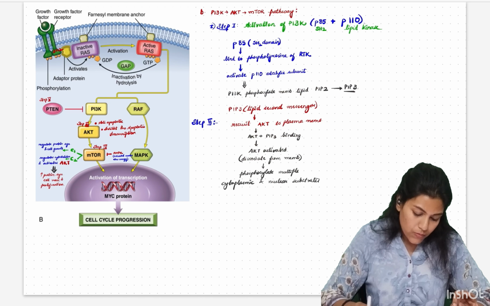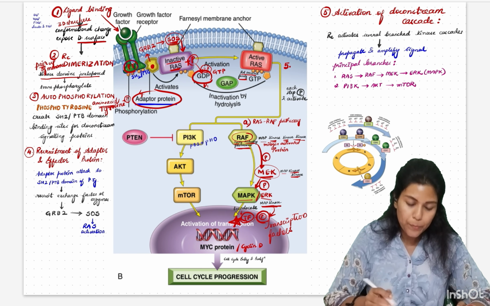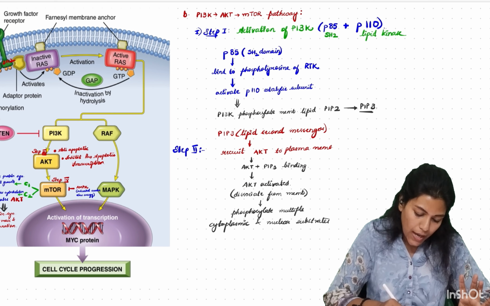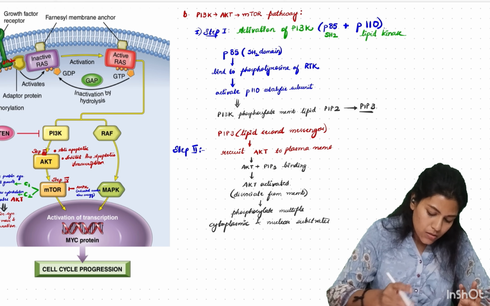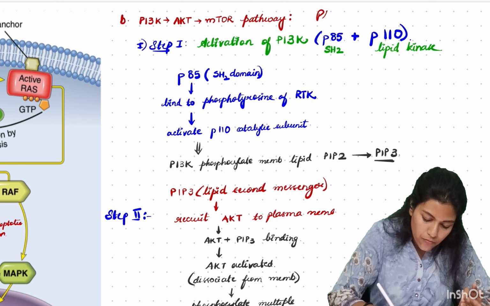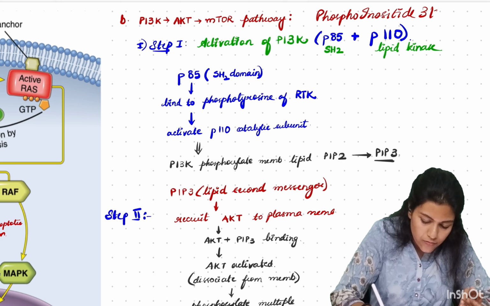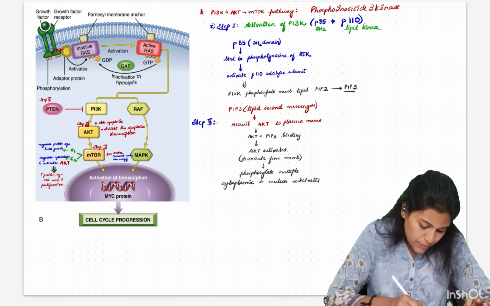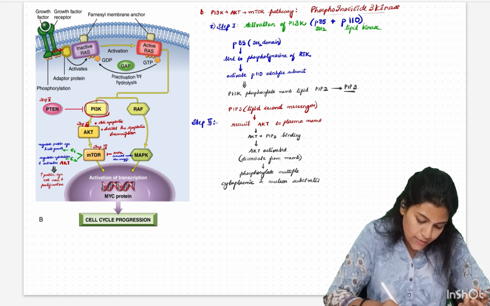Now we'll study the second pathway, that is the PI3K-AKT mTOR pathway. Here it begins with activation of PI3K. PI3K is called phosphoinositide 3 kinase. So here it begins with PI3K, the phosphoinositide 3 kinase.